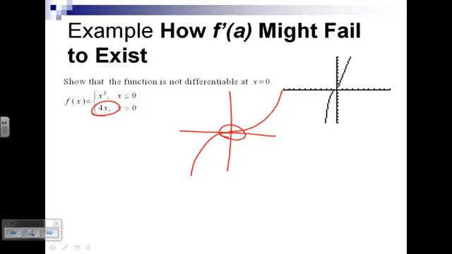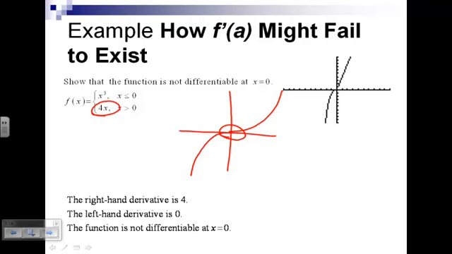Does 4 equal 0? No. Conclusion: the derivative doesn't exist. Why? Because the two one-sided derivatives don't agree. All right. So the right-hand derivative is 4, the left-hand derivative is 0. The function is not differentiable at 0.